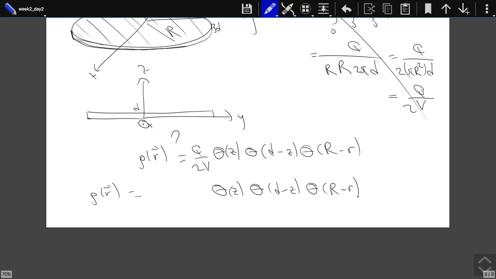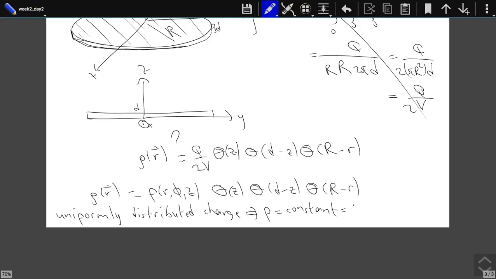Of course, the proportionality constant can depend on z, r, and phi. We don't yet know its value, but for simplicity, let's assume the charge is uniformly distributed over the disk. This tells me that this function f is a constant. Let's call it A.